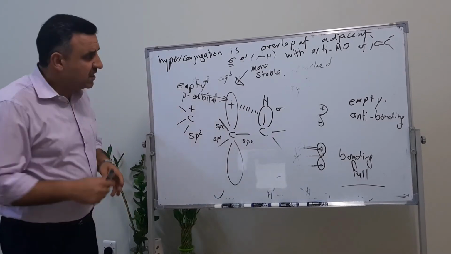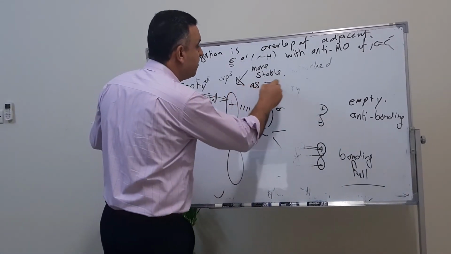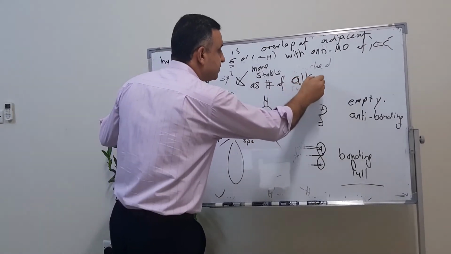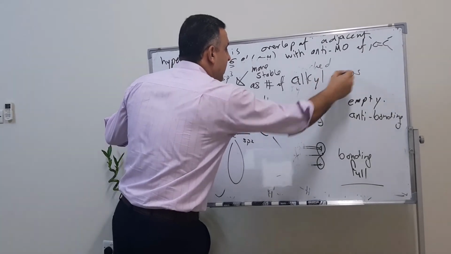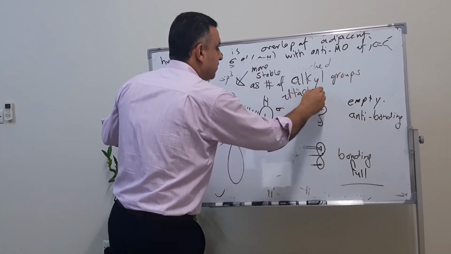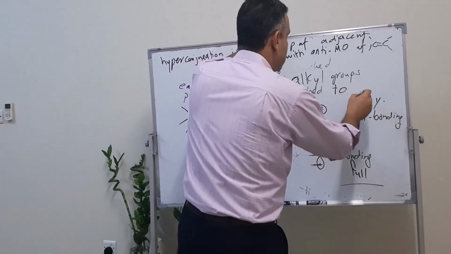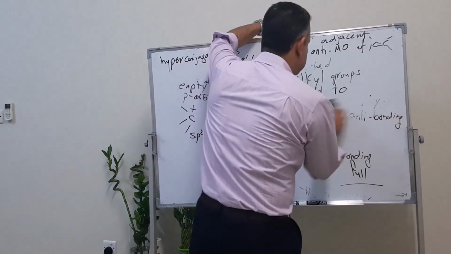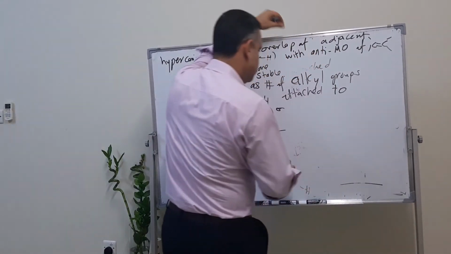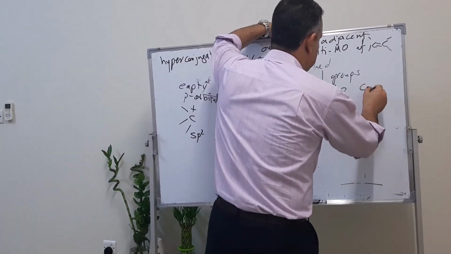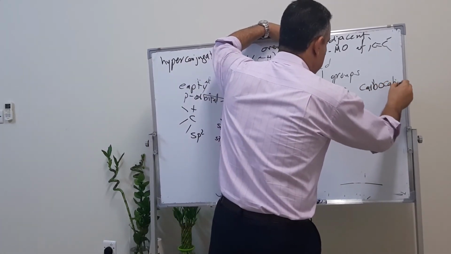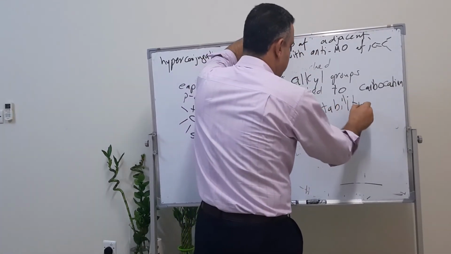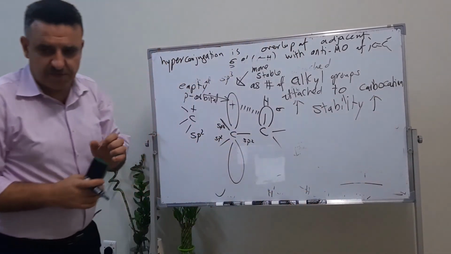So, by the way, as the number of alkyl groups attached to a carbocation increases, stability increases. Do you follow me?